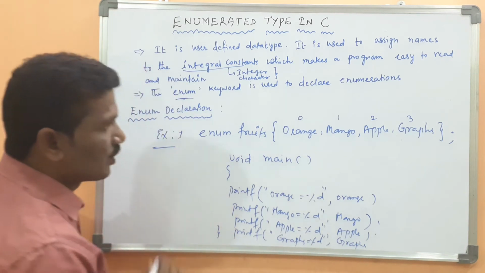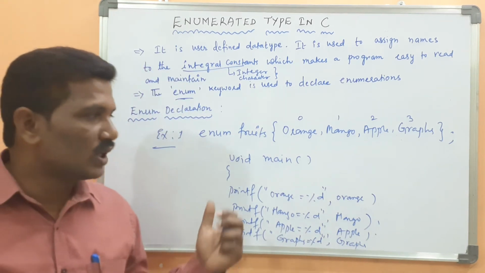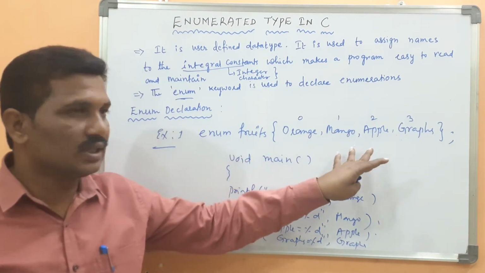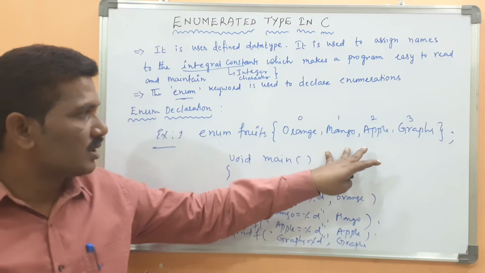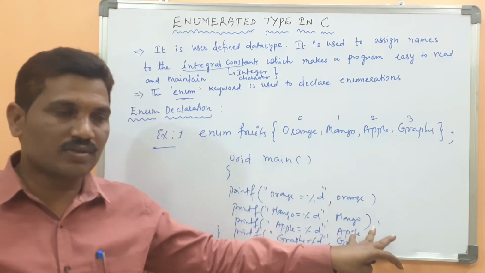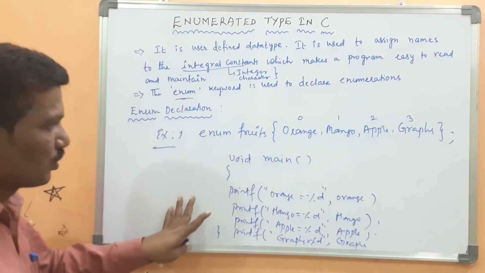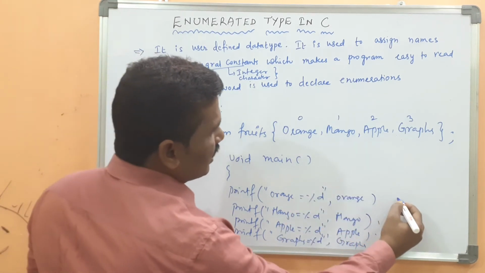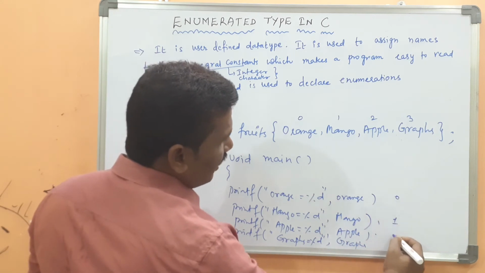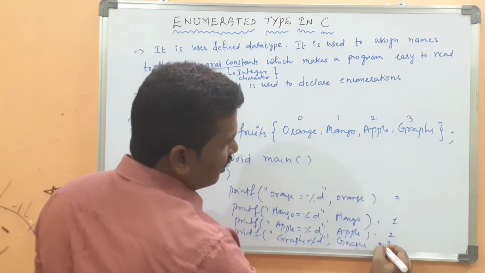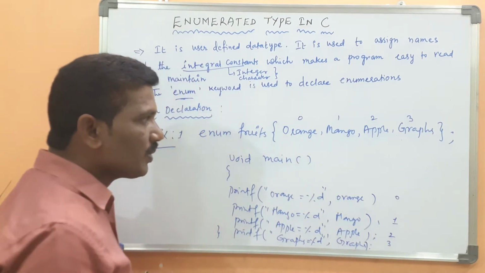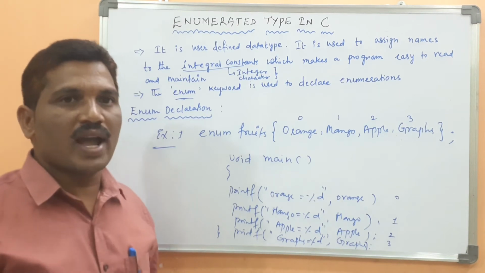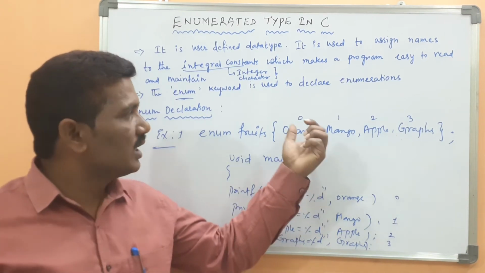Then when you compile this program, what output are you going to get? Because I did not assign any values to the enumeration constants, and I display the enumeration constant values in the main function, how will the output be displayed? Whenever you display orange, the output is 0, this value should be 1, this should be 2, this should be 3. By default the compiler assigns default values to the enumeration constants.